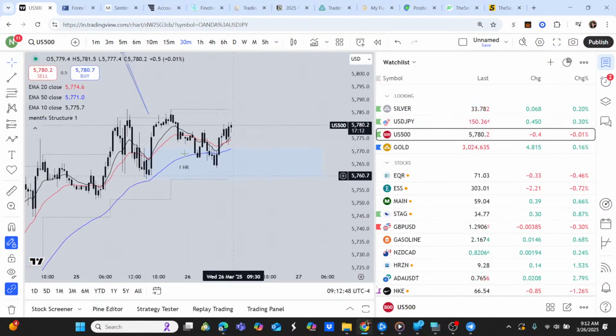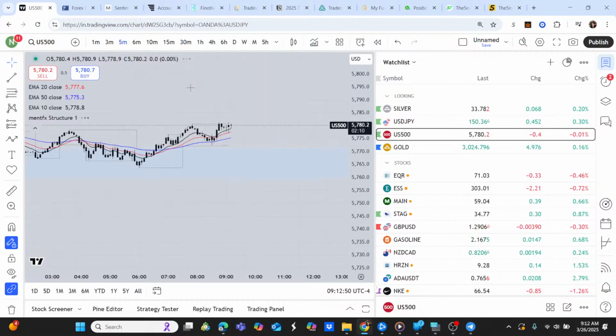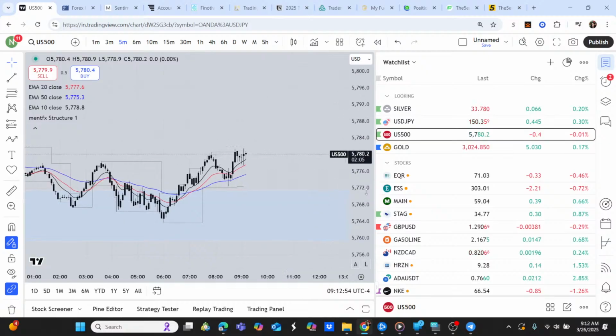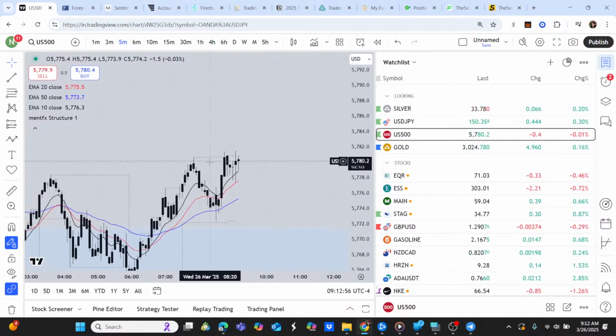This 500. Yes, 500. It came down, but it made the setup too high right here. I don't typically like these types of setup, even though it could work.